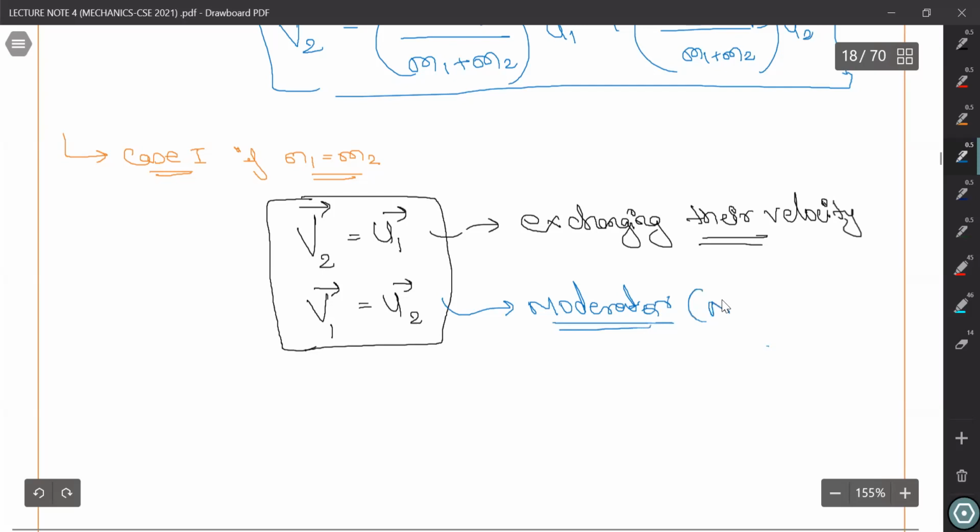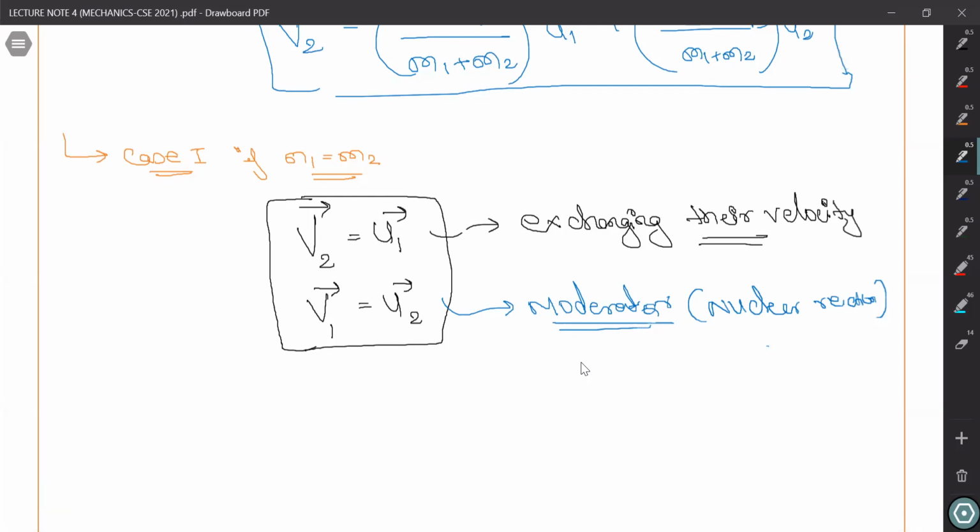in the case of nuclear reaction, we know that the neutron is colliding with the proton, right?